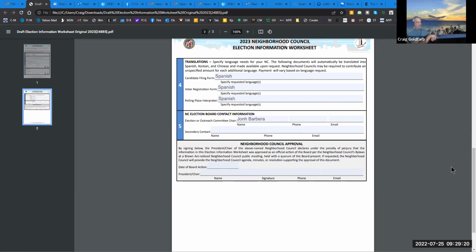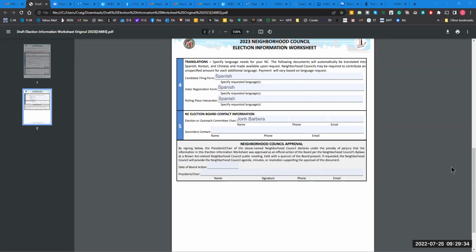I say we take it to the board with the cost. I say we research our own makeup as a district and find out how many Spanish speakers there are, because that census information is available. And also recruit and start reaching out in Spanish. We really should.